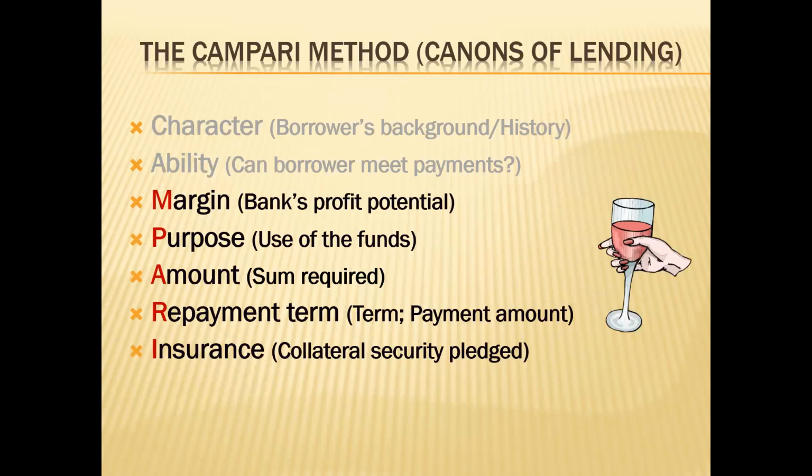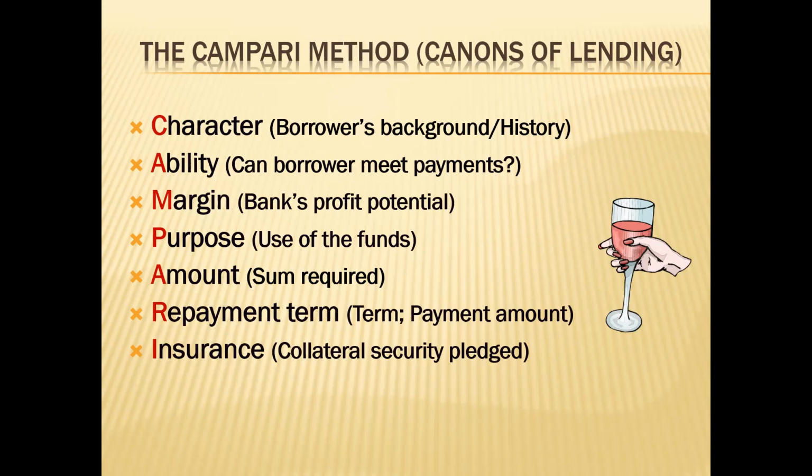Last class we had looked at the last 5 items of COMPARI: margin, purpose, amount, repayment, term, insurance. And so I completed COMPARI, known as the canons of lending.